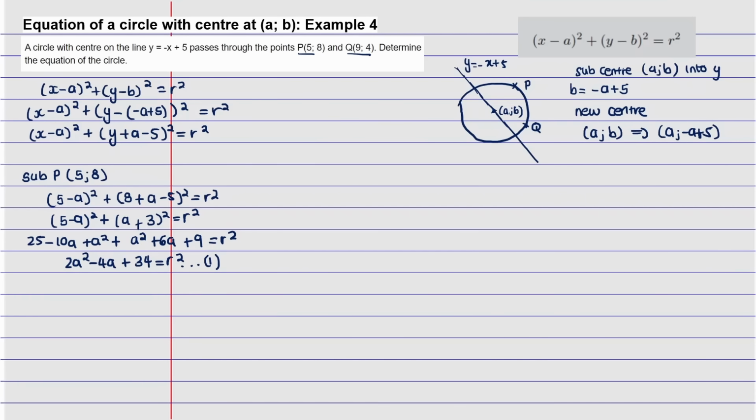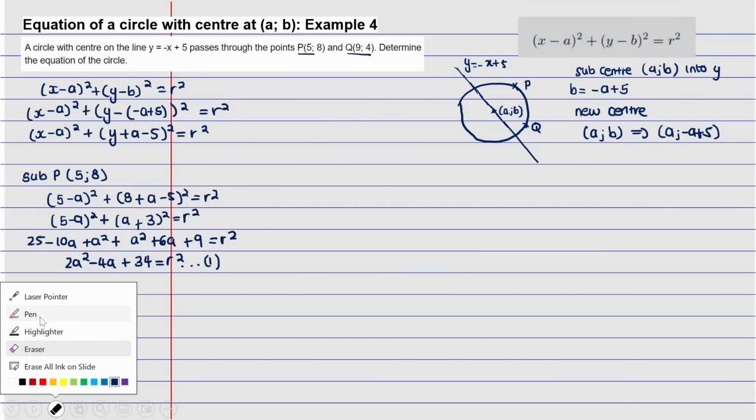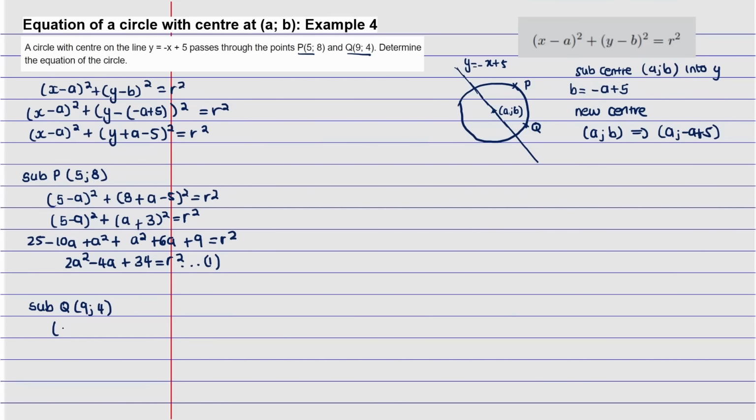So now we need equation 2. To get equation 2, we're going to substitute Q, which is 9 is to 4. So we're going to have 9 minus A all squared plus, it's not 8.